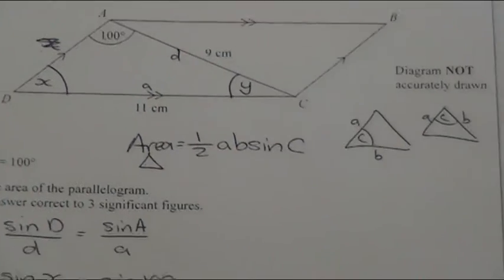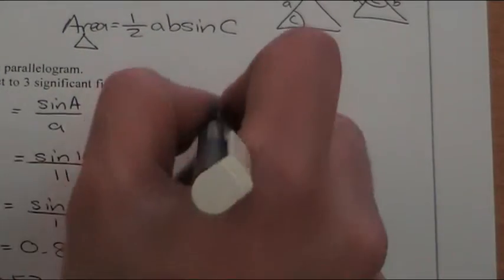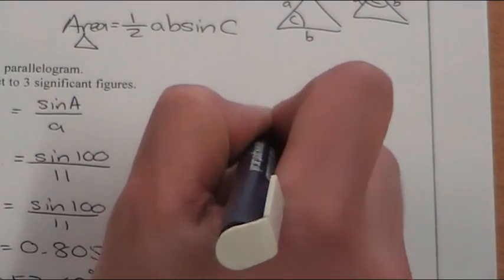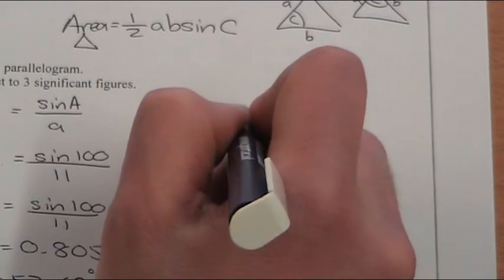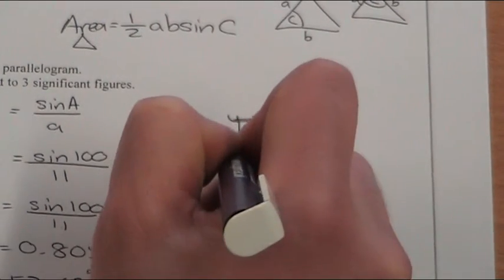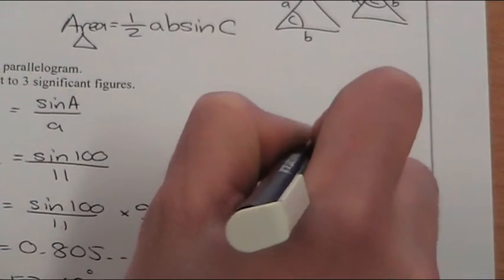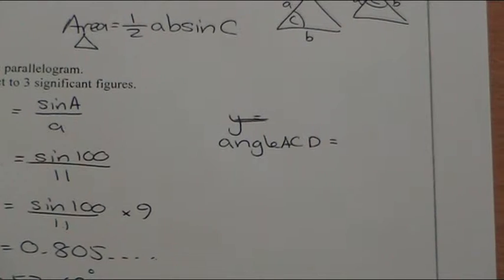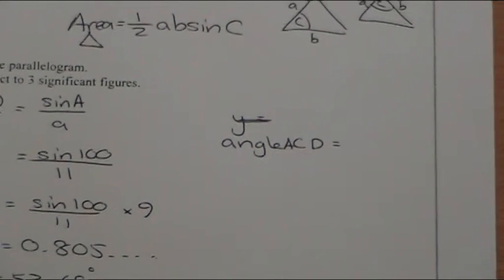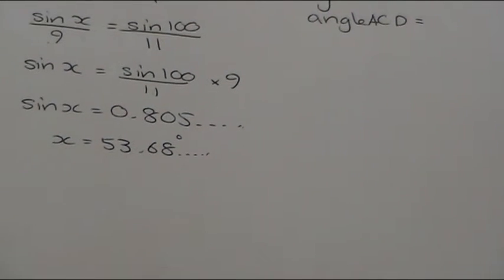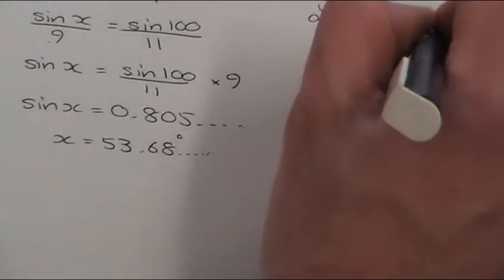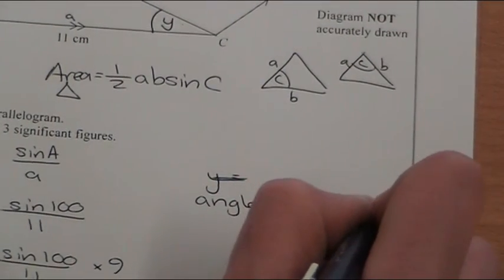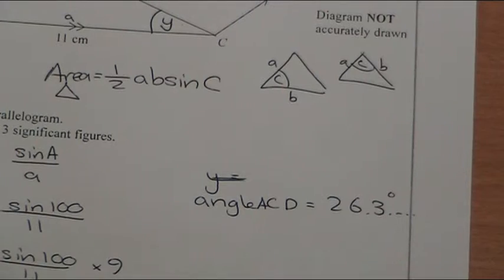So I'm going to say over here, or if I want it to be proper, I'm going to actually do it nicely. I'm going to write angle ACD. So it's 180, take away my calculation here, my 53.68, and take away my 100 in the question. So I know that is 26.3 degrees, and it goes on.